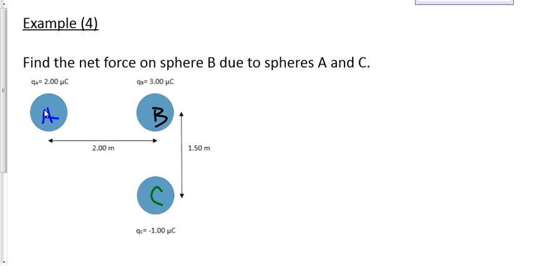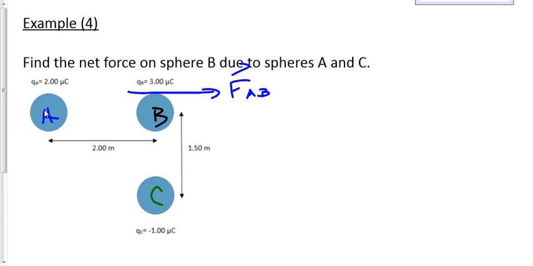Attract or repel? Good. So that means that B is going to be pushed away from A. I'll call that FAB to the right. Good? Now, A is going to be pushed to the left, right? But, David, I don't care. It doesn't matter that it's pushed to the left, unless we're trying to find the force on A.